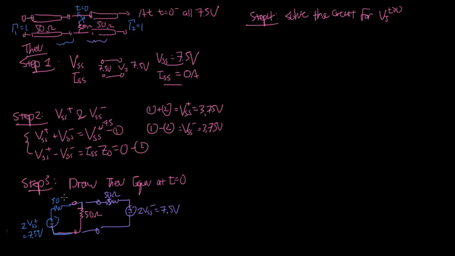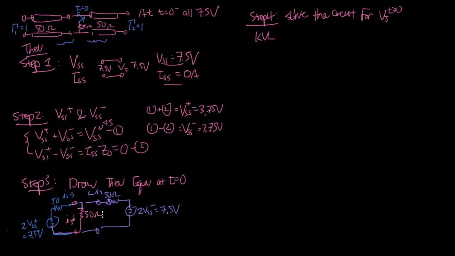We'll call this I1 going this way, and over here we have I2 going that way, and then we'll call this branch I3. So we have 3 unknowns, and we actually have 3 Kirchhoff's voltage law loops that we can use to solve for these 3 unknowns.